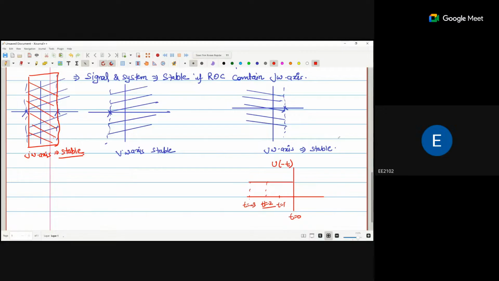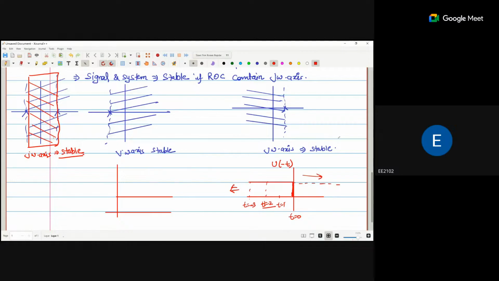But in electronics, when we start working our circuit, my circuit gives the response. If I am not applying any voltage to the BJT, how can I consider that the BJT will be working before that? If at t equal to 0 I apply the signal to any diode, BJT, resistor, or op amp, after that my system will be working. So the response will always be right-sided.